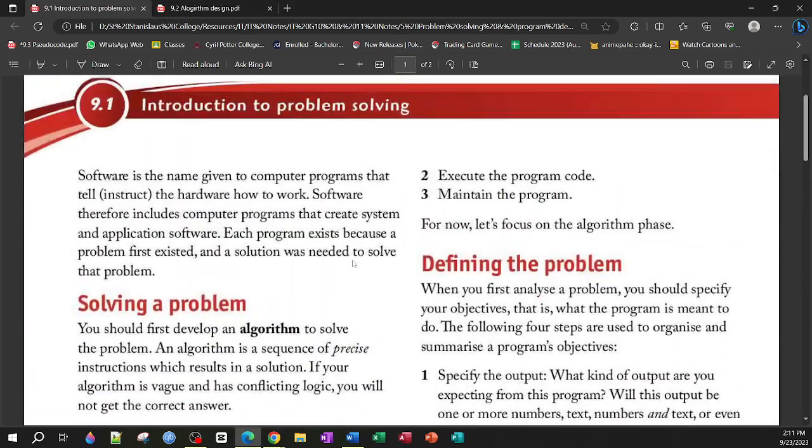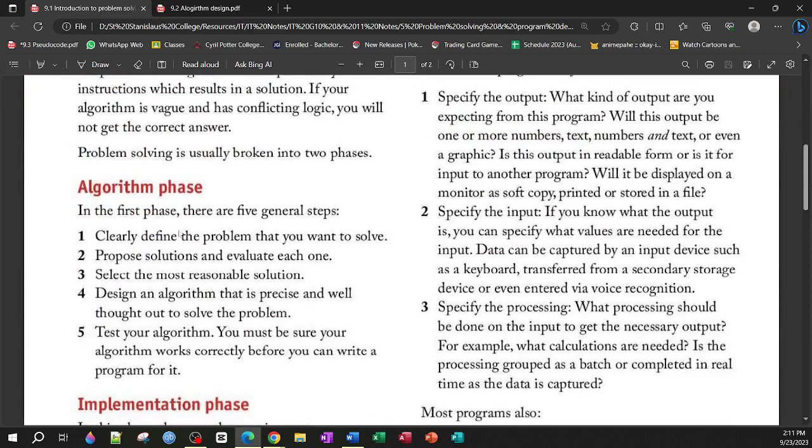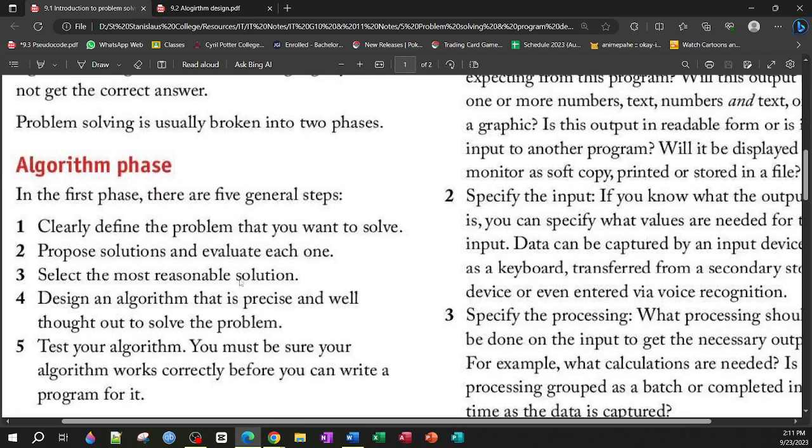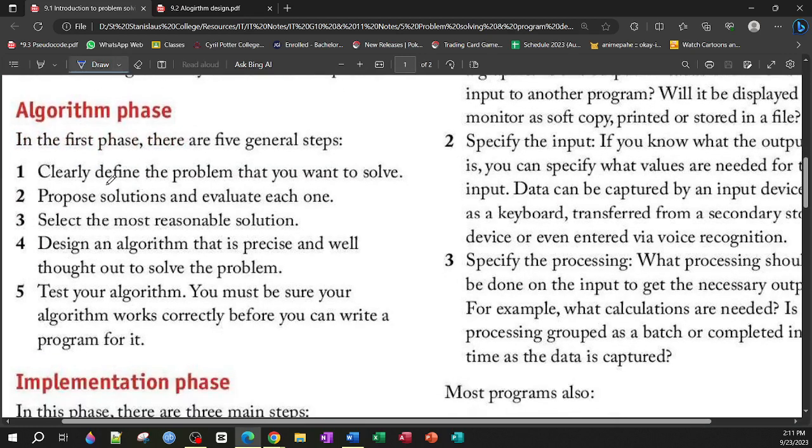What is an algorithm? Then we looked at what is the algorithm phase. When we are creating an algorithm, what we have to go through, you basically have to define the problem, explain what is the problem, what caused the problem, what are the effects of the problem, propose your solutions, evaluate each one, look at the advantages and disadvantages, then pick which one is the most reasonable, design an algorithm for that solution, and then test that algorithm.